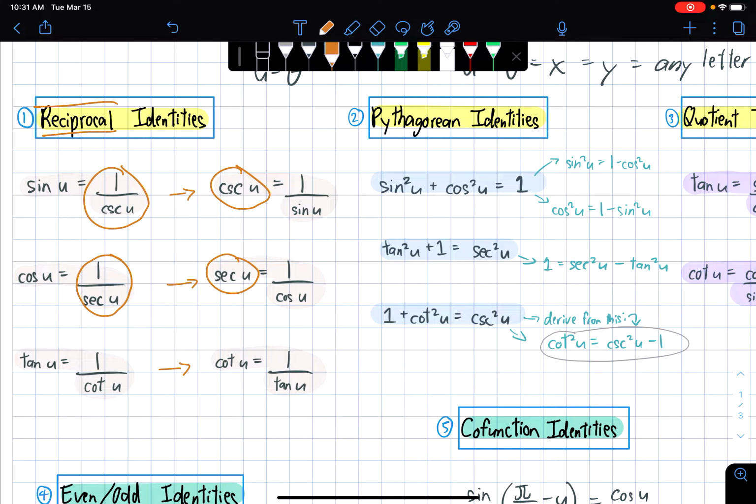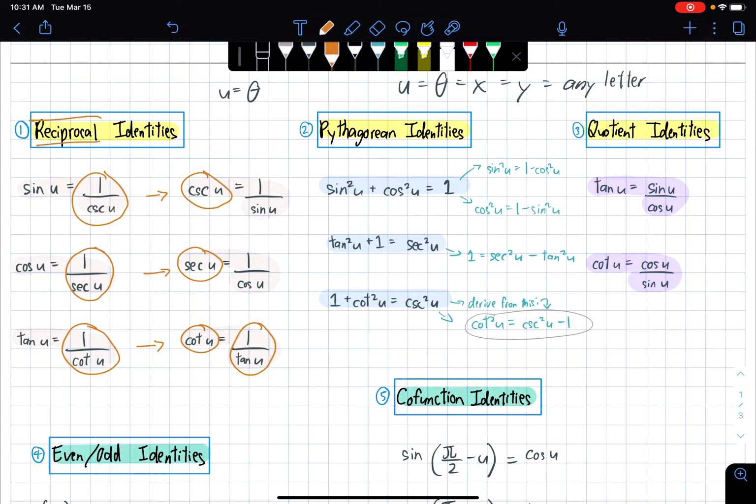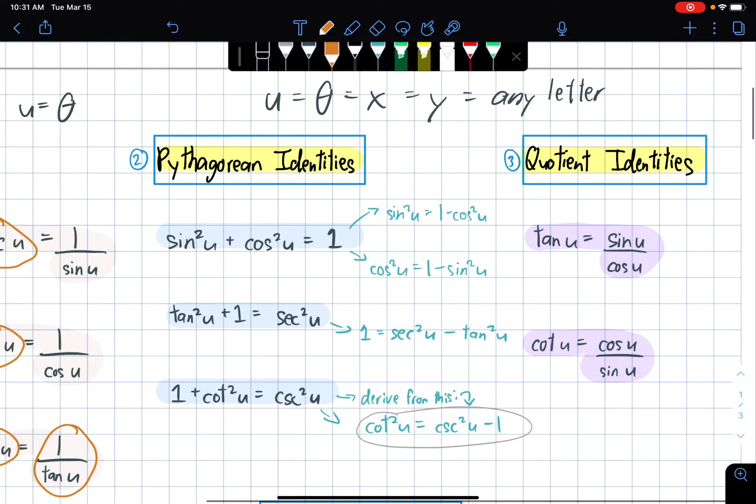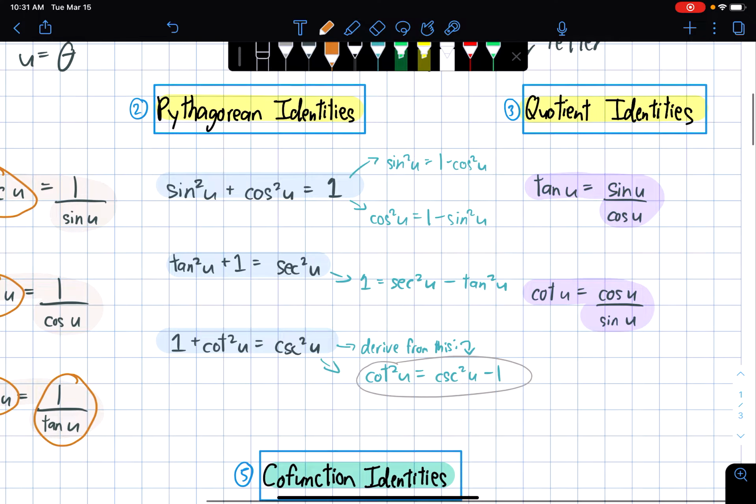So I hope you're getting the analogy here. What used to be 1 over cot theta will now be cot theta if it has to be equal to 1 over tan theta. So it's so many thetas. It's quite difficult to speak, maybe a tongue twister or some sort. But anyways, back to the actual topic.